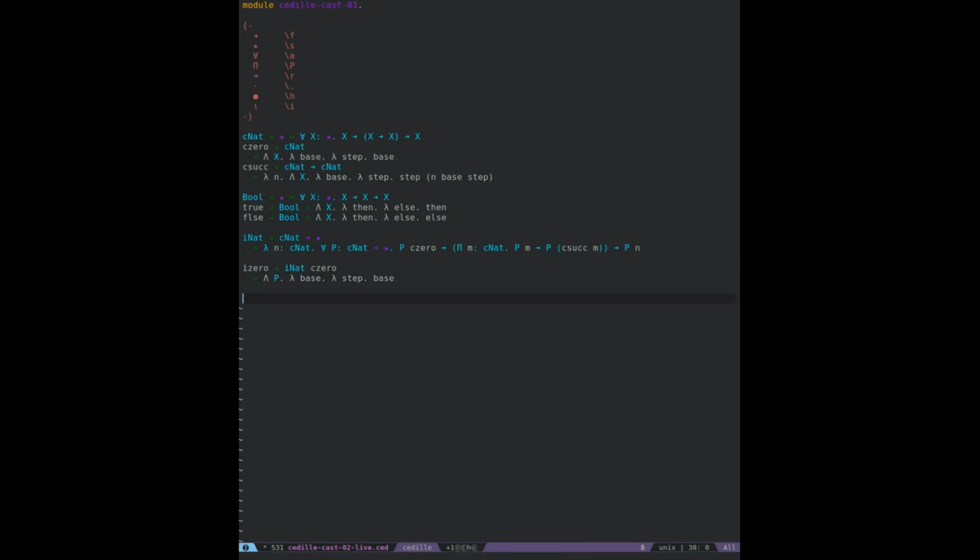Now, instead of defining I_NAT1, I_NAT2, etc., I'm going to define I successor, which says that for all m of type CNAT, if m is an inductive CNAT, then so is the successor of m.